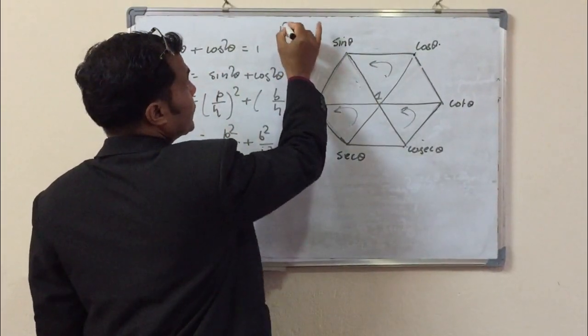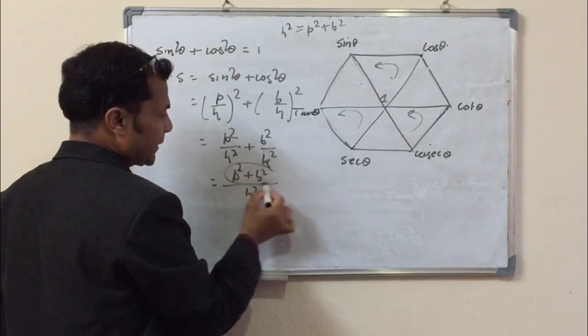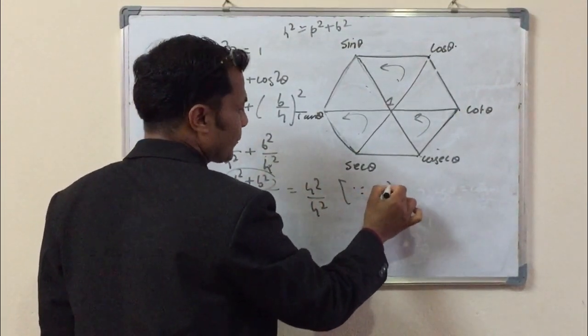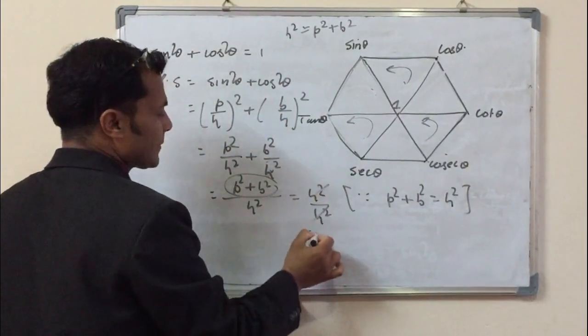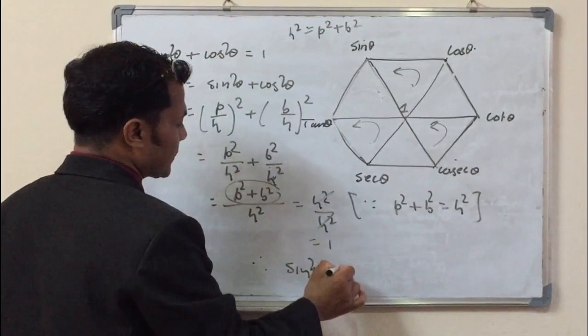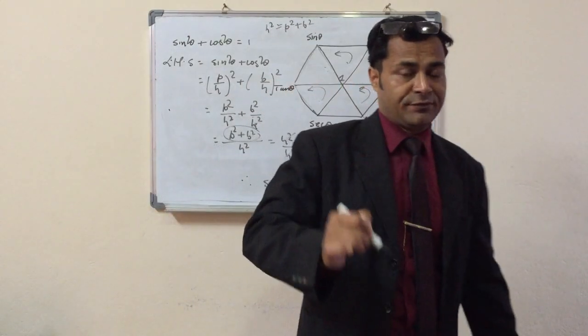What is Pythagoras formula? h square equals p square plus b square. So in place of this, you can write h square by h square, since p square plus b square equals h square, and this cancels. Therefore, sin square theta plus cos square theta equals 1. This is how you prove the formula.